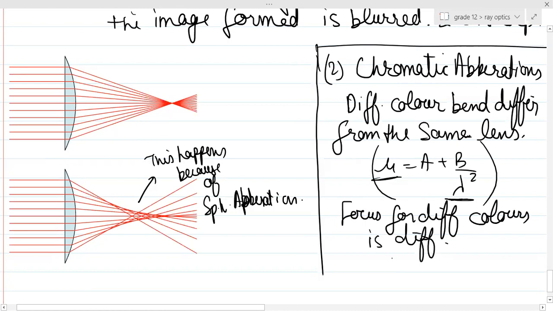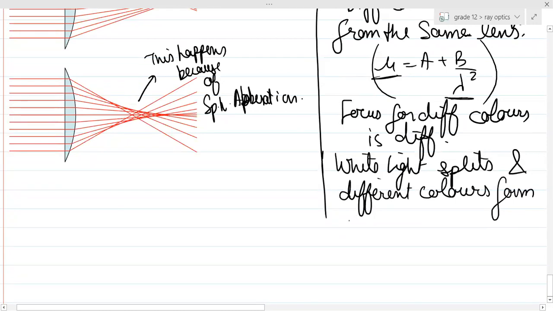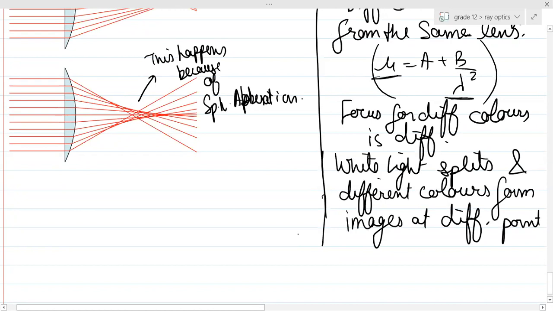So basically when you incident white light, it splits and different colors form images at different points. So in this type of aberration, the colors get distributed.